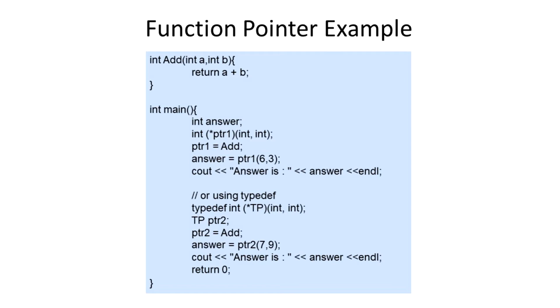So notice in the line below, we say TP as the actual alias for functions of that type, and then ptr2. So we create ptr2, the pointer of that type, and therefore we can then assign the address of the add function to ptr2 and do what we did before, where we can actually substitute the add function call for a ptr2 function call, dereferencing that, passing the values, adding them up, returning them, storing them in answer, and then printing out the answer.